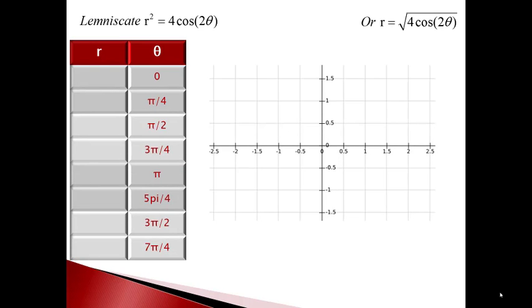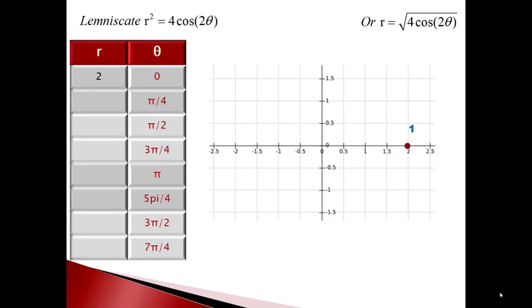In the following example, we will graph the lemniscate r squared equals 4 cosine of 2 theta. We construct a table of values of (r, theta), for theta a multiple of pi over 4, and plot the corresponding points in the plane. The points are plotted as follows.